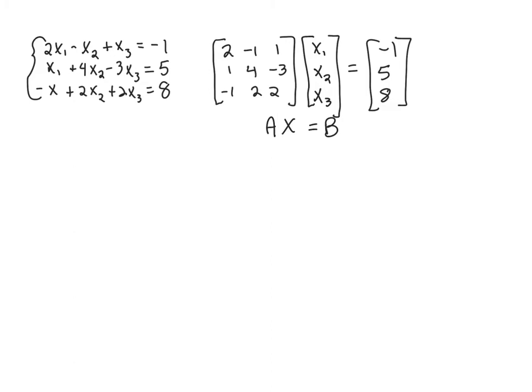But what we can do is multiply both sides of this matrix equation by the inverse of A. But remember, multiplication is associative.